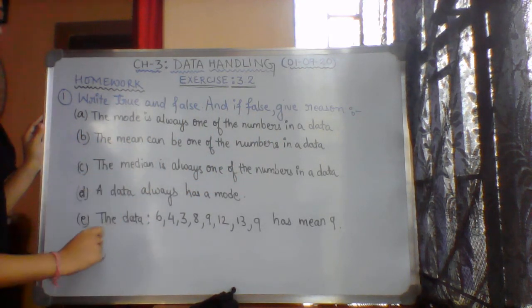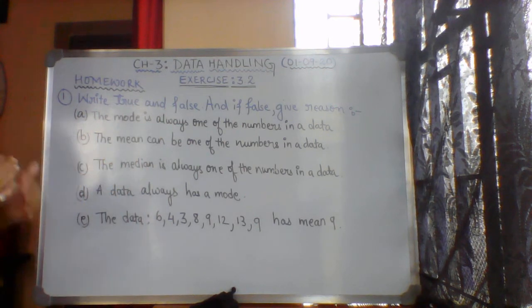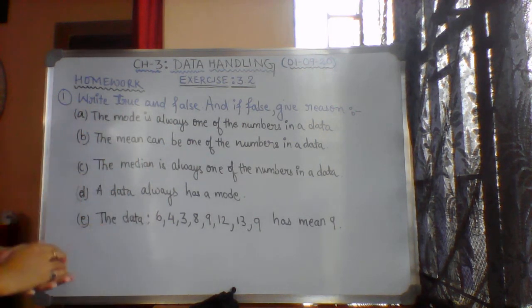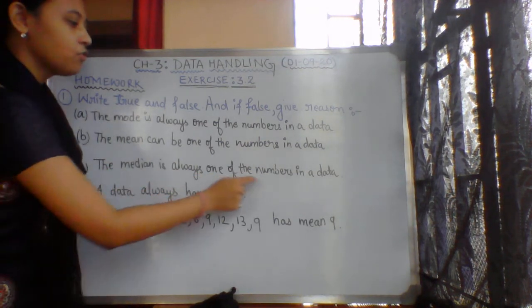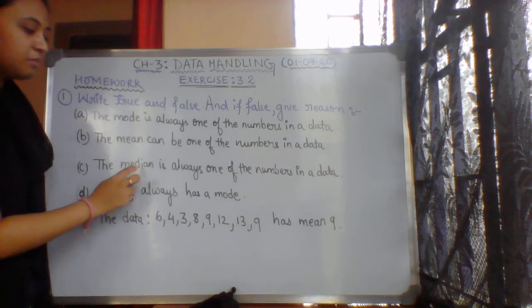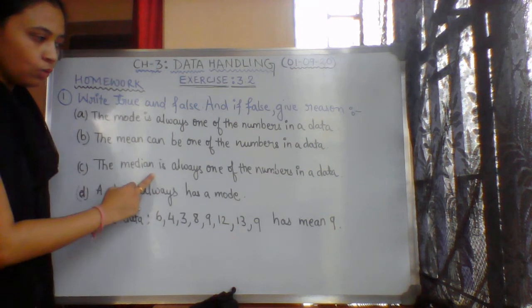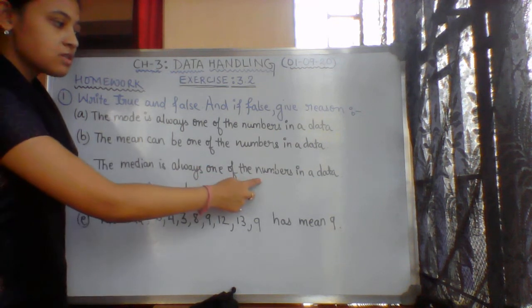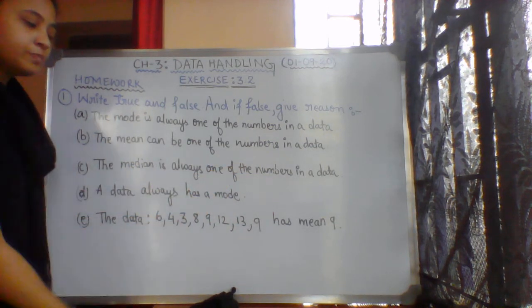Once you check all the questions, you will get an idea what type of thing is occurring with mean, median and mode. Third question, the median is always one of the numbers in a data. Whatever we get as a median value, that is a number in the data, and that will be only one number.